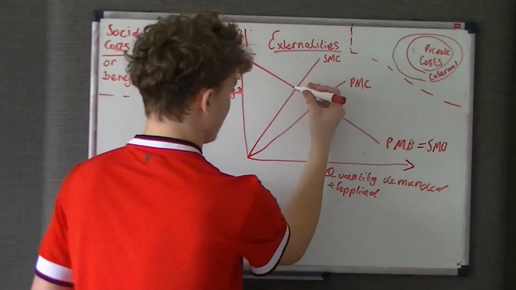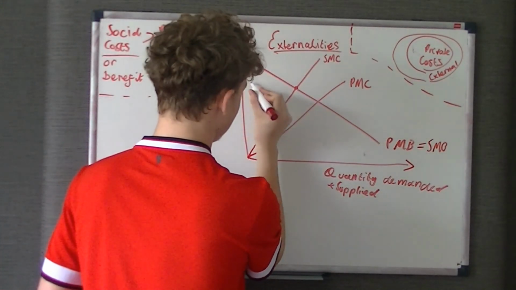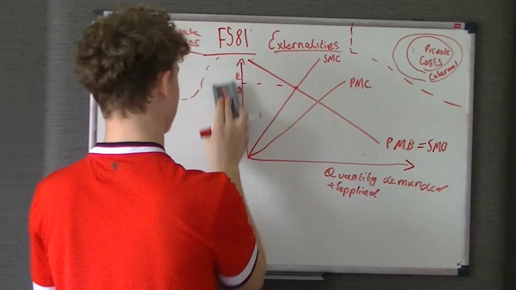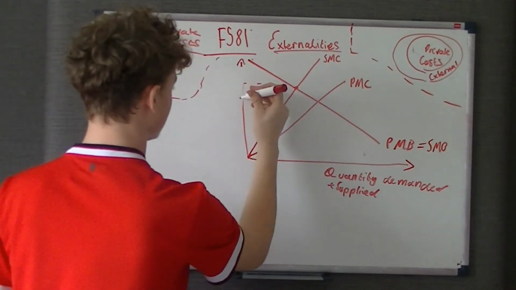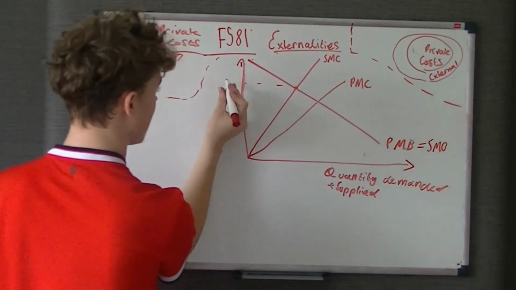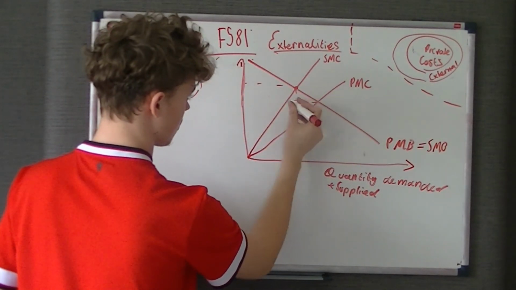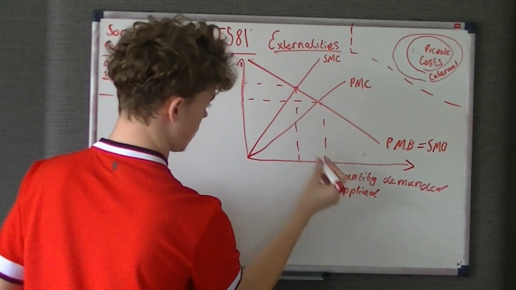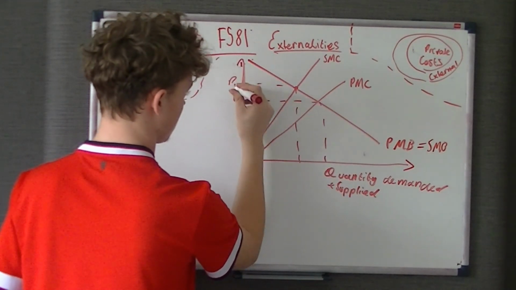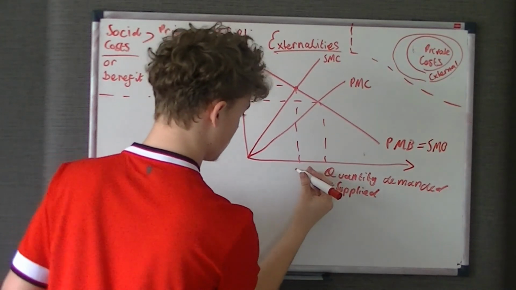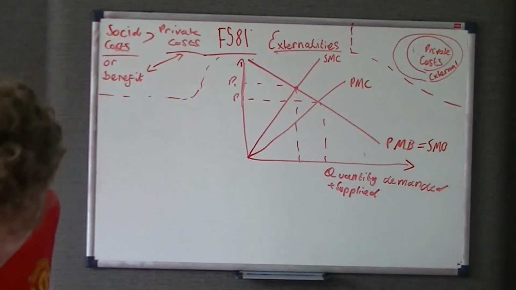Now, as you can see from this, sorry, I'll actually rub this axis off. We've got a high price. So you've got P1, and is it Q?